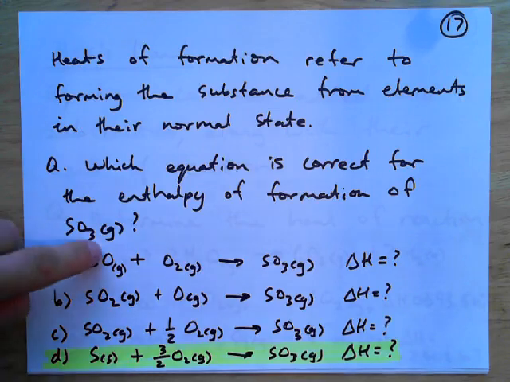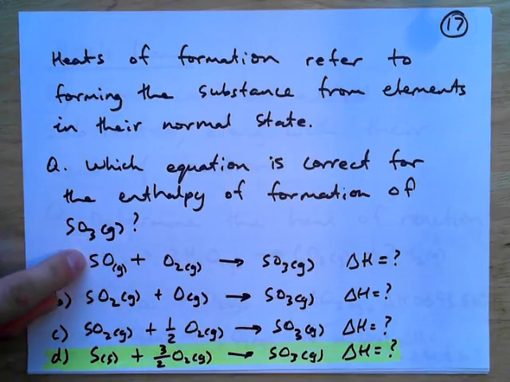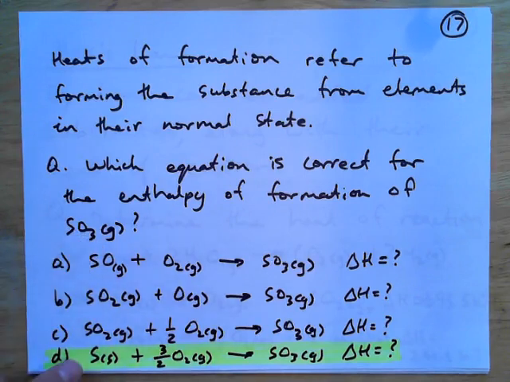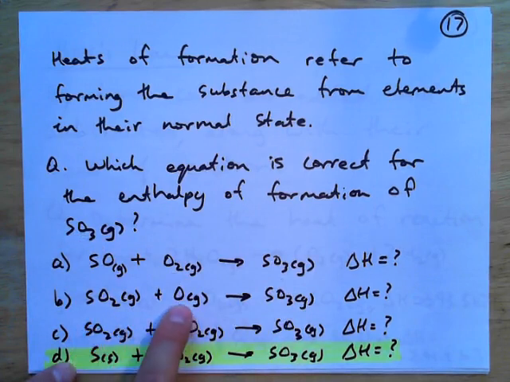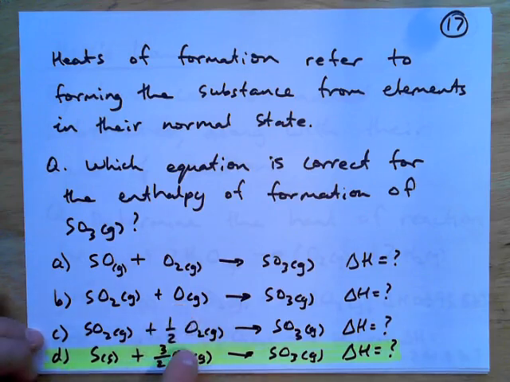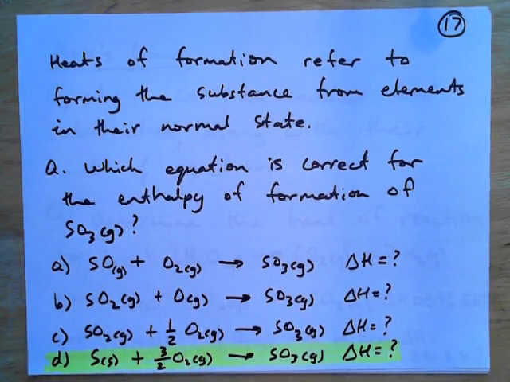So this one is definitely wrong because it's got SO plus O2 gives SO3. SO2 again is not in its elemental state. Again, this oxygen here is not in its normal natural elemental state, because oxygen doesn't normally exist in nature as O without any other oxygens bonded to it.